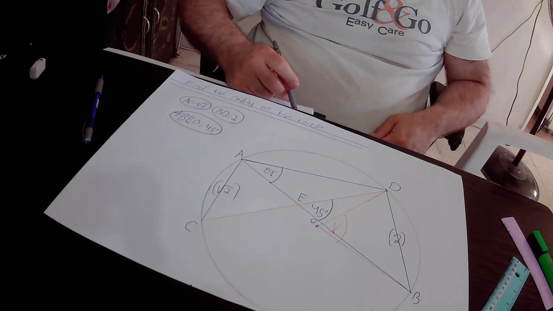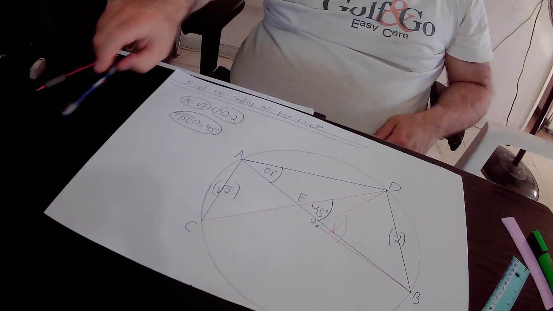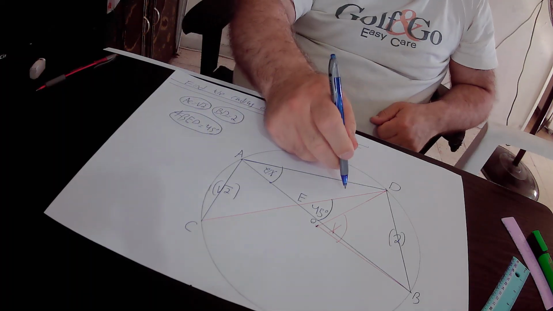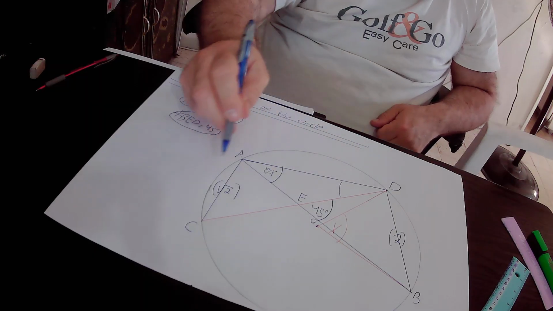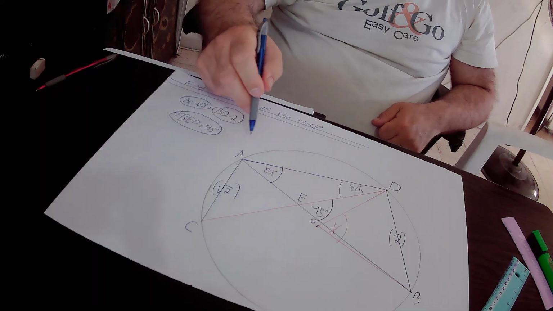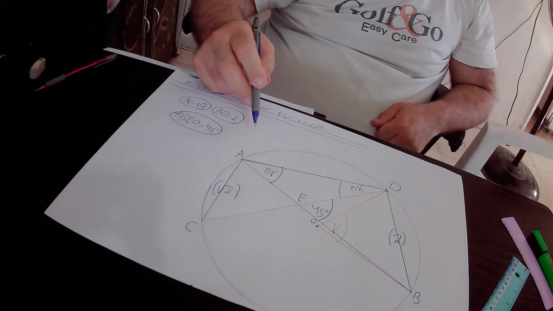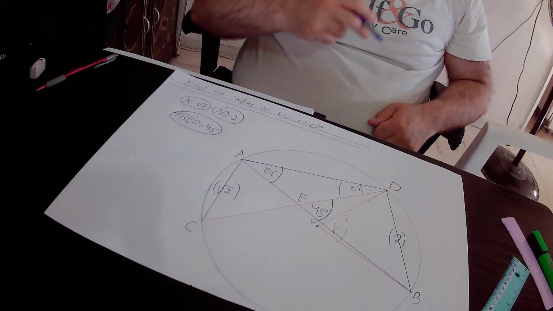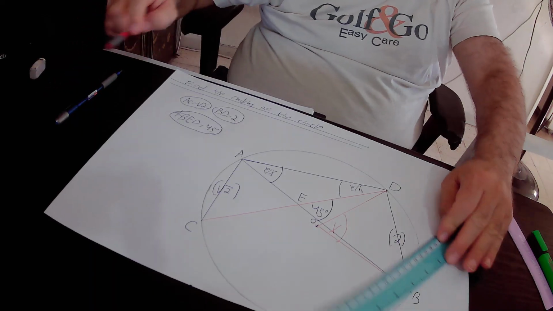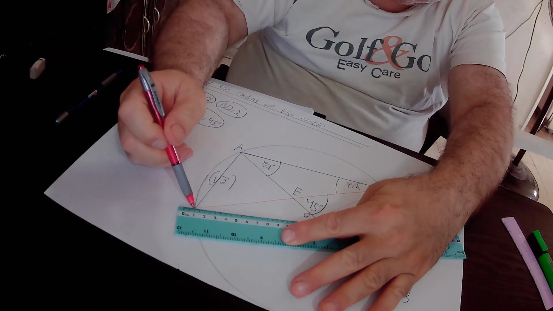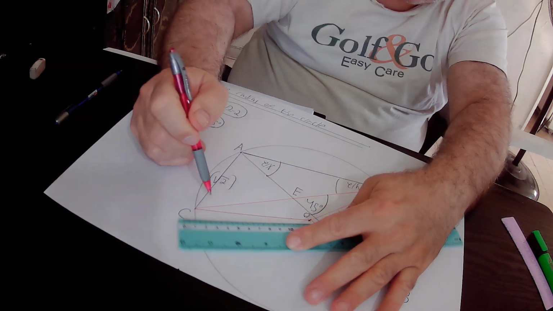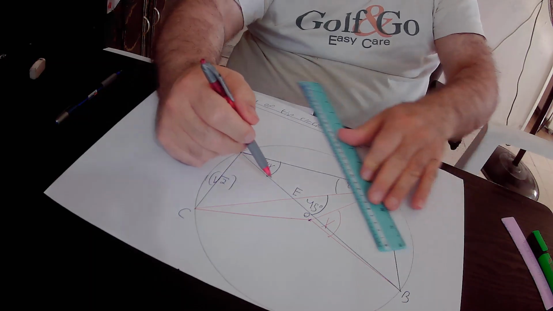Likewise, we will define the size of this peripheral angle ADC. This peripheral angle ADC is y over 2, and it is subtended on chord AC. The next step, we join points O and C together by a straight line, and we join points O and A together by a straight line.